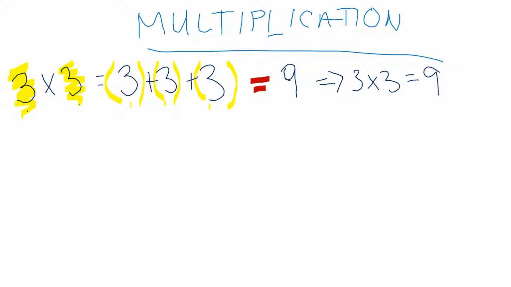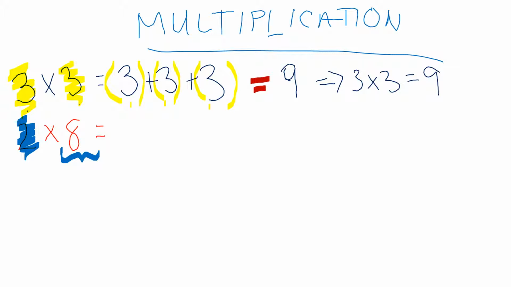Now, what if I was in a situation where I had a big number and a small number? So let's do 2 times, let's go with 8. I always make the small number this number here, my number of groups, while this one represents what's inside the group.